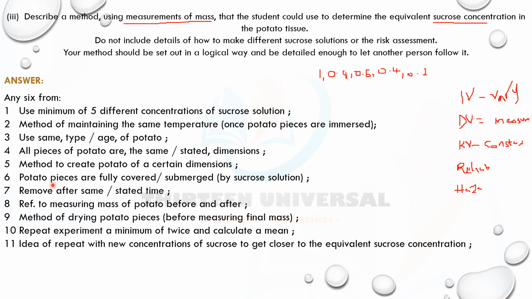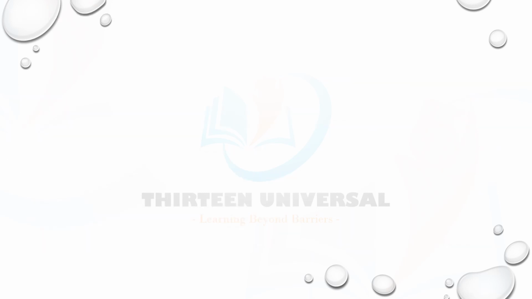Method: potato pieces are fully covered, submerged by the sucrose solution. Removed after the same time for all of them. Measure the mass of potato before and after. Method of drying: blot it out, calculate the final mass. Repeat the experiment. So the one with no change in mass has the same water potential.